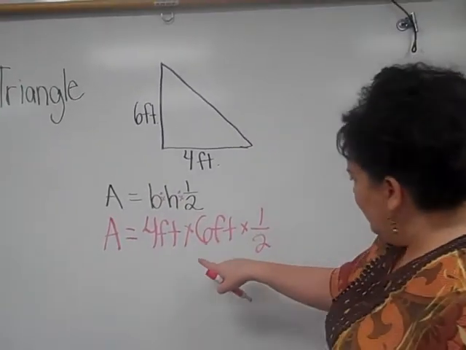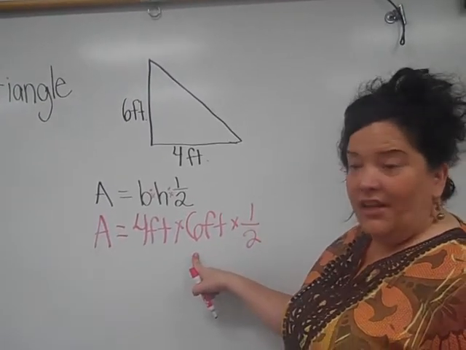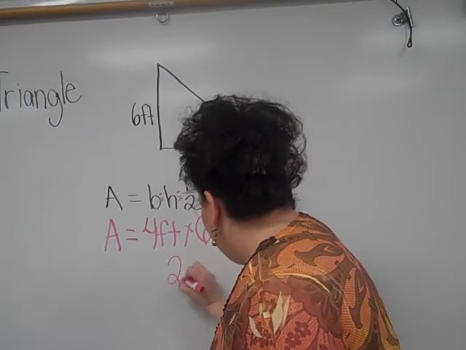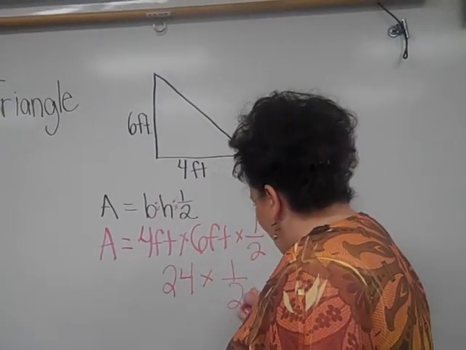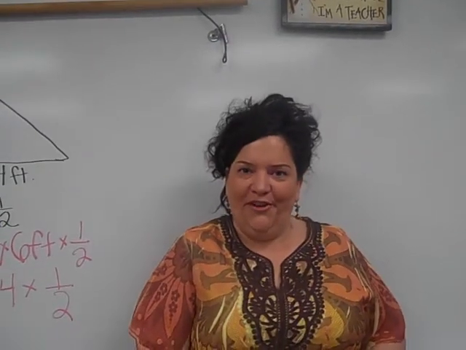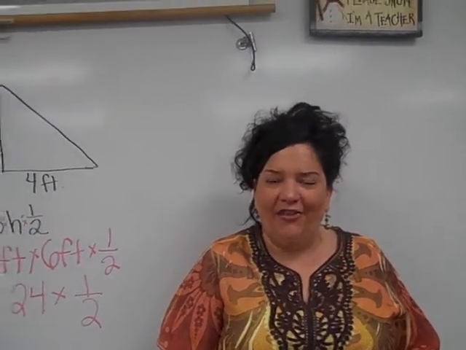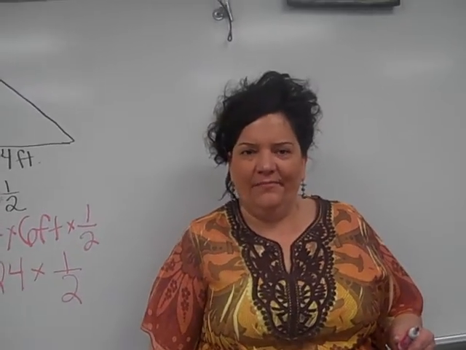So let's start with 4 times 6 is what? 24. And then we're going to multiply that by 1/2. This is also a review of how to multiply fractions, because 1/2 is a fraction.